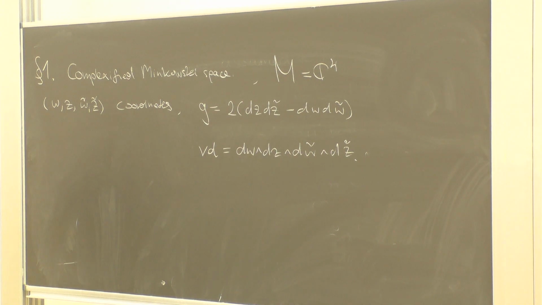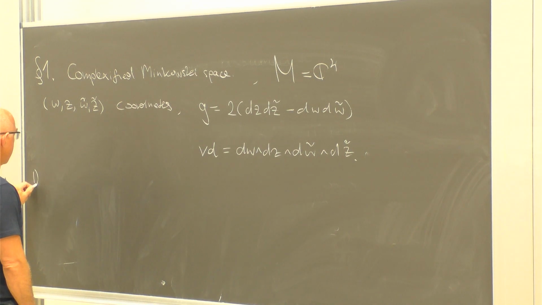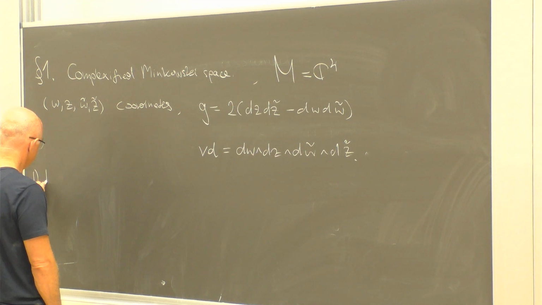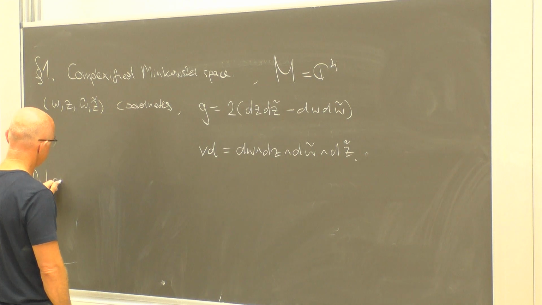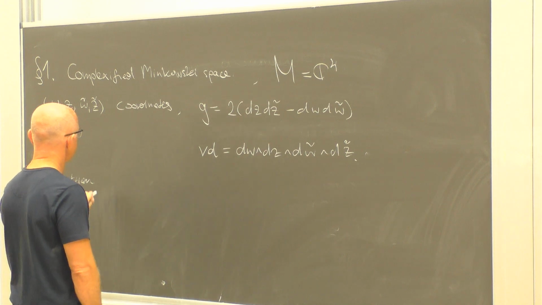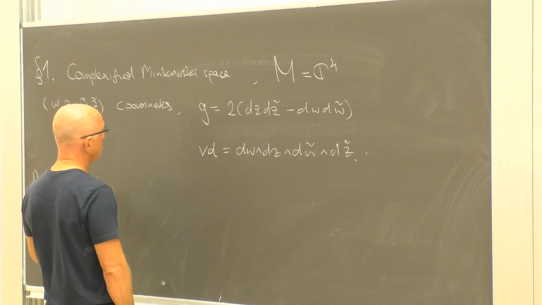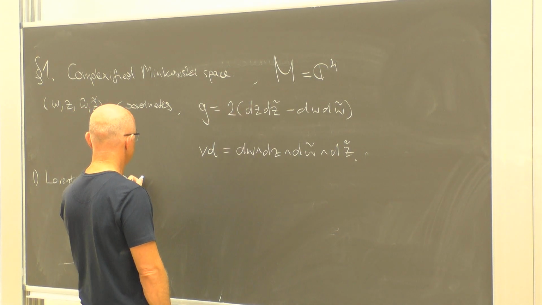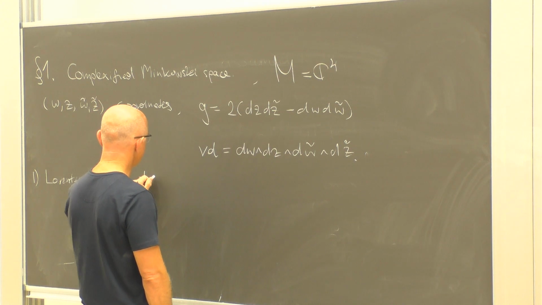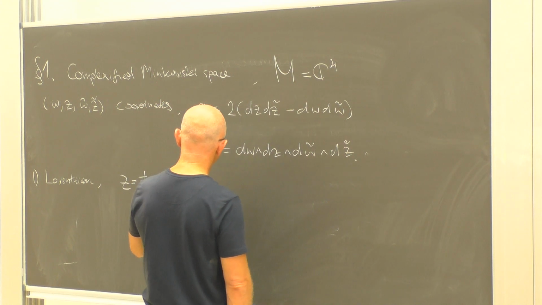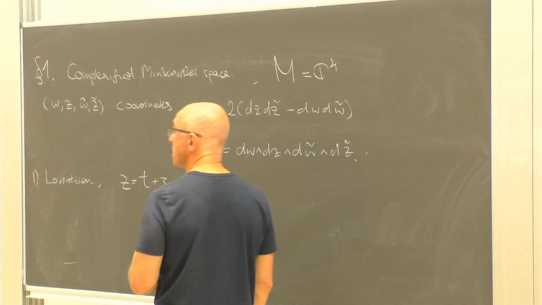So there are three possible ways of imposing reality conditions on this. And the first is the actual Lorentzian reality conditions. We'll set z to be t plus zeta, and z tilde to be t minus zeta, and they are real.